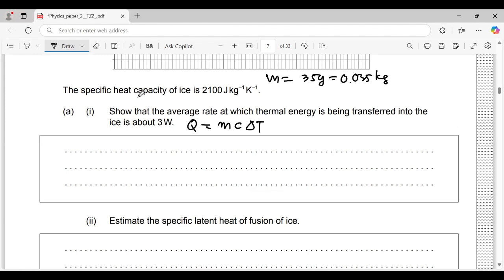C is the specific heat capacity of ice, this is the number. And delta T, we have to convert from Celsius to Kelvin because the specific heat capacity is in Kelvin, not in Celsius.